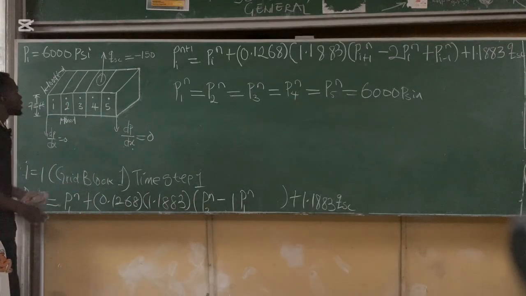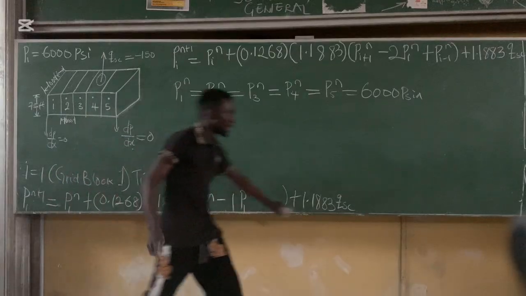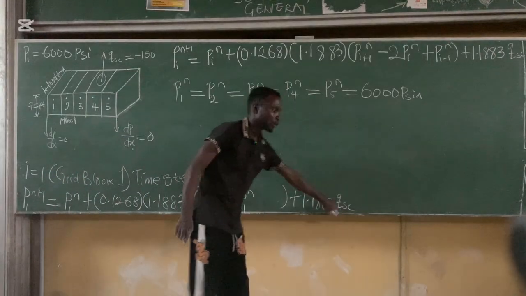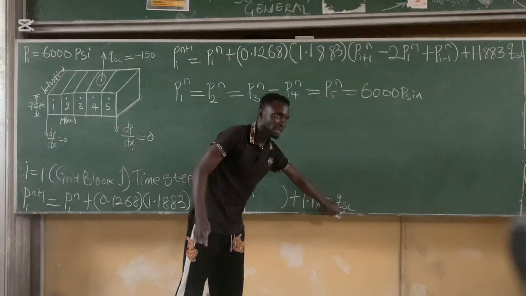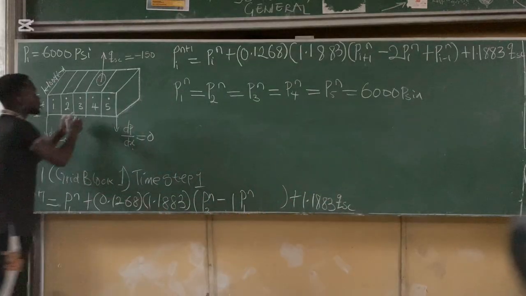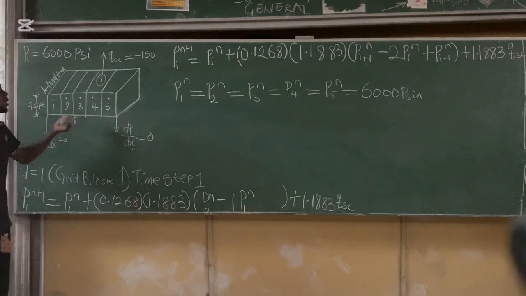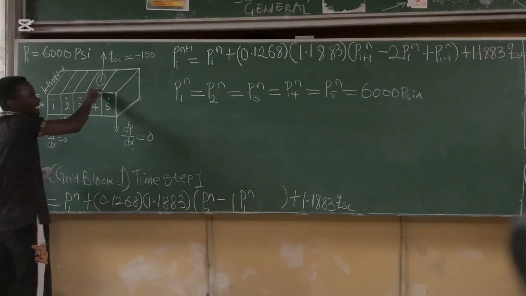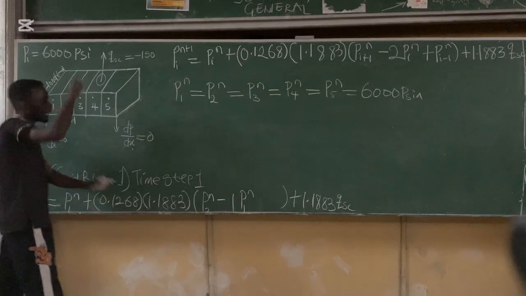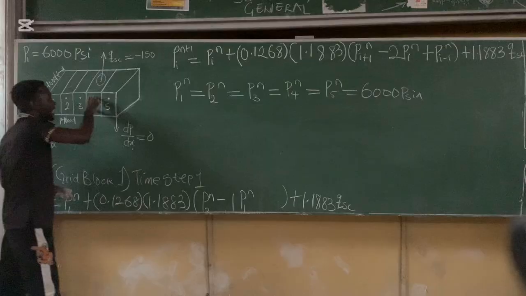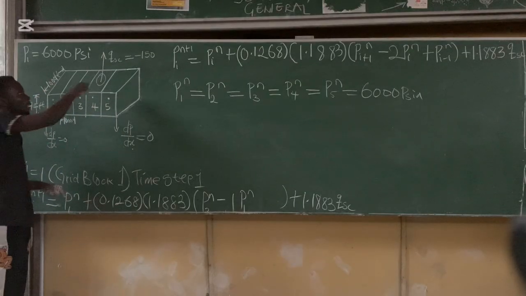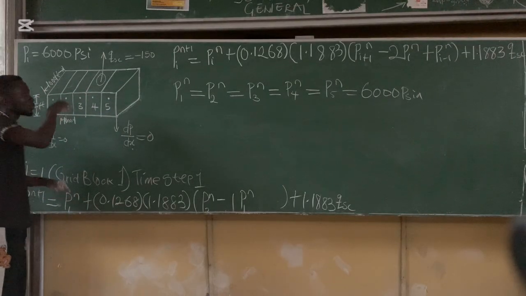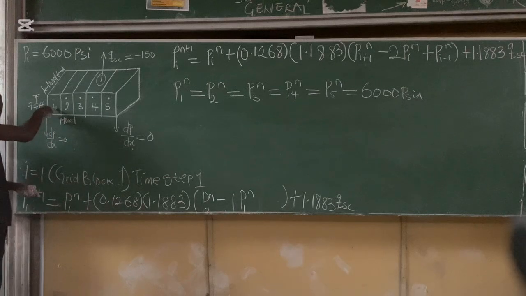Then also, if you look at this now, we have QSC in this our equation. But before you use QSC, you are going to consider the location of the well in your grid block. If you look at this, the location of the well is in grid block 4. So you only make use of QSC at the block where the well is located.